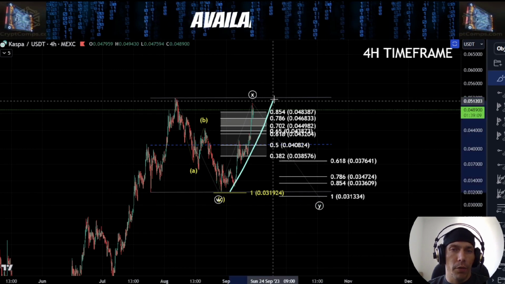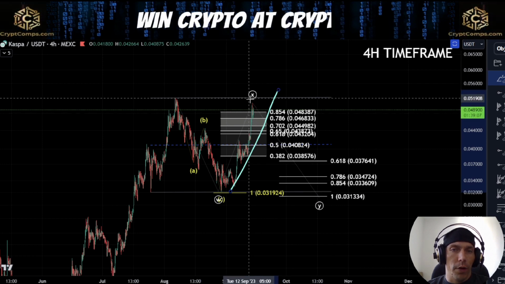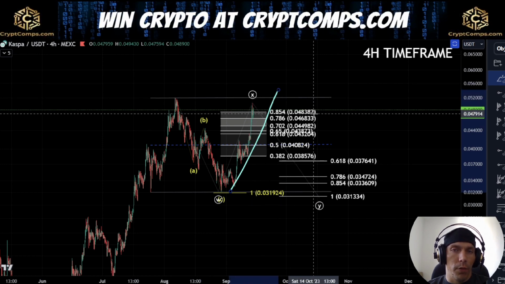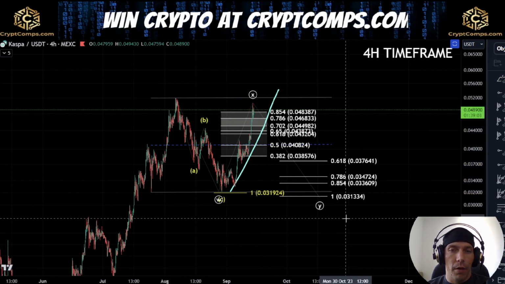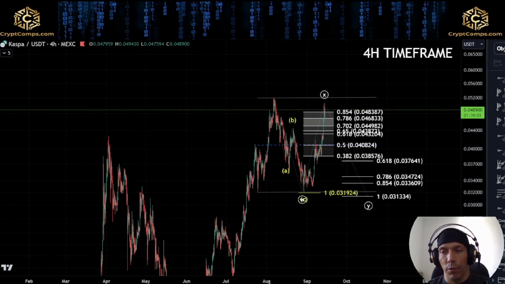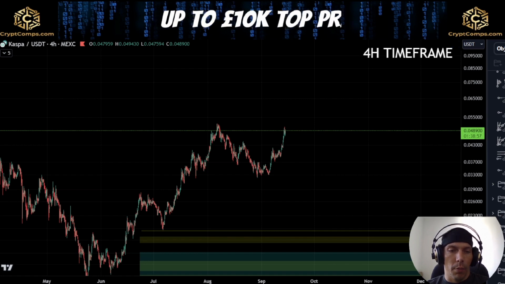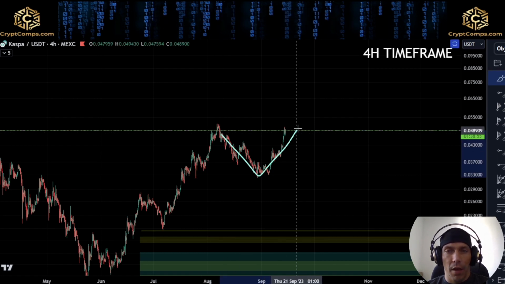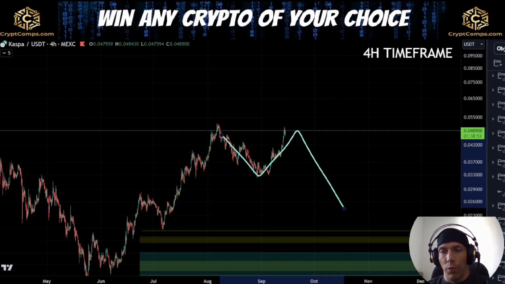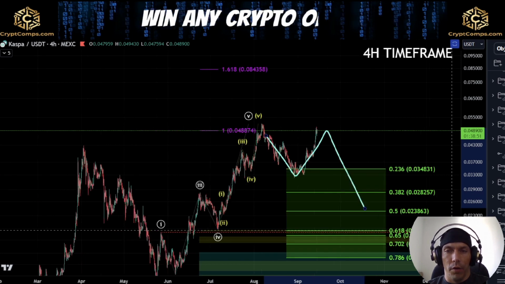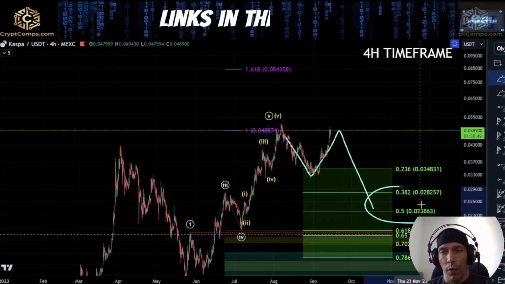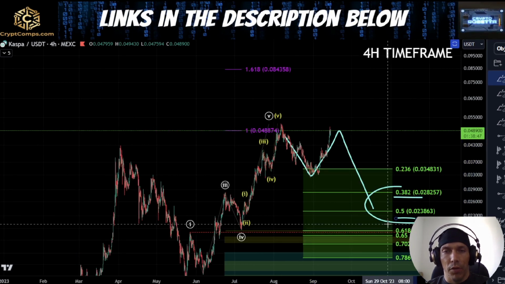If we push above that high and we fail to develop the additional waves that we need for that 5-wave structure, we need to be careful of a bigger flat correction looking to play out here, where we could see this whole move become a bigger flat, where this becomes A, B, and C, and that would line up more with the idea of seeing a retest of this lower 382 to this 50% level.